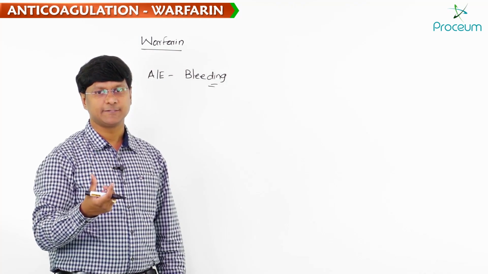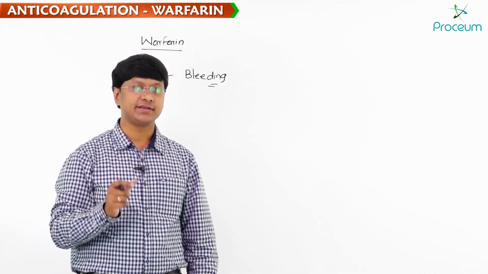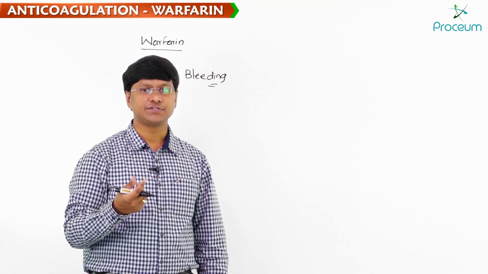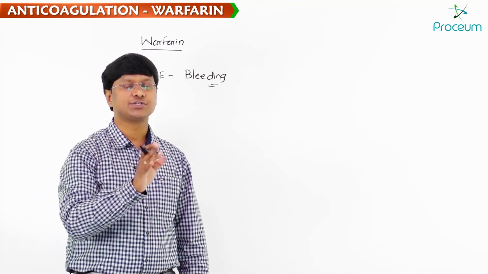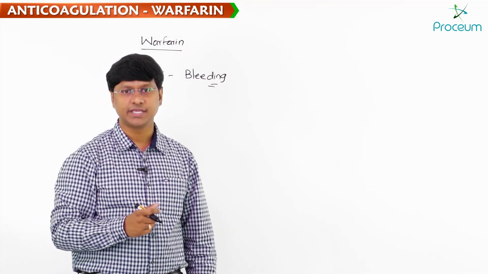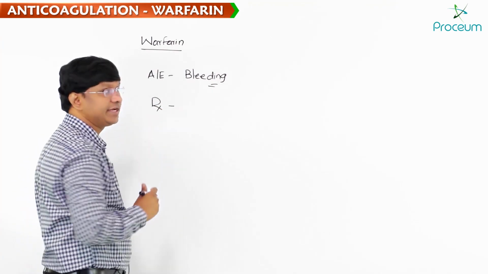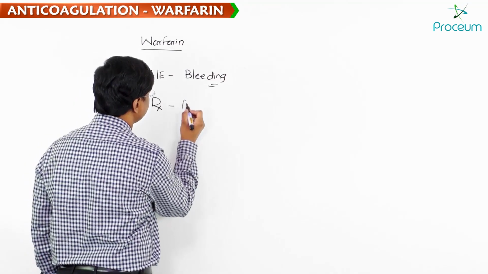But why do we consider fresh frozen plasma the treatment of choice? Because the onset of action of fresh frozen plasma is immediate, whereas the action of vitamin K1 will be delayed.